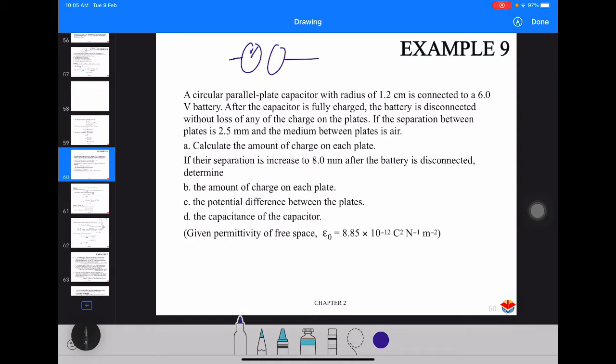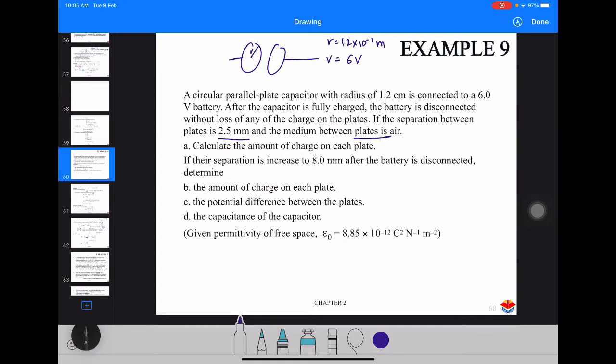So radius is given, R is equal to 1.2 times 10 negative 2 meter, connected to a 6 volt battery, V is equal to 6 volt. After the capacitor is fully charged, the battery is disconnected without loss of any of the charge on the plates. If the separation between the plates is 2.5 mm and the medium between the plates is air.